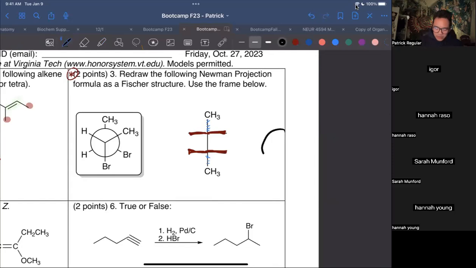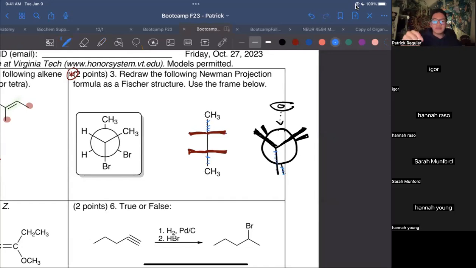The best way to describe this is that when you have a Fischer structure, all of those branches are going to be eclipsed. If you're looking at the Newman projection down here, these are going to be wedged, these are going to be wedged, these are going to be wedged. And then this is going to be dashed. These carbons back here.